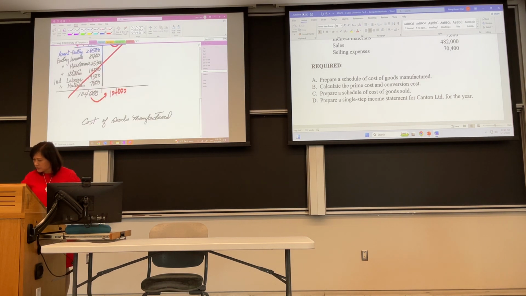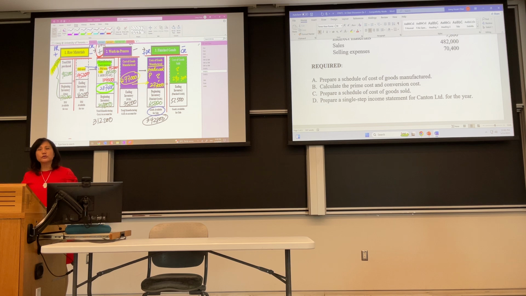Okay, so cost of goods manufactured is this accounting period. This one. The yellow one, this part. You can see that. Okay, so this part 277, how do I calculate? I need to figure out the current manufacturing cost, add the beginning, minus the ending.